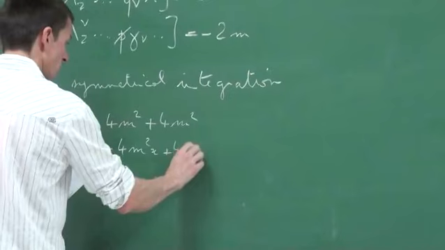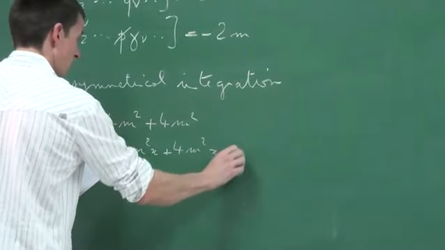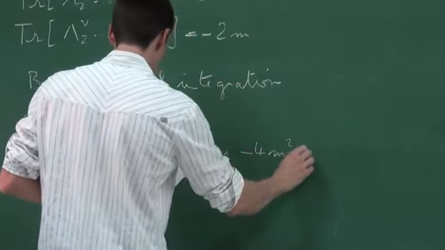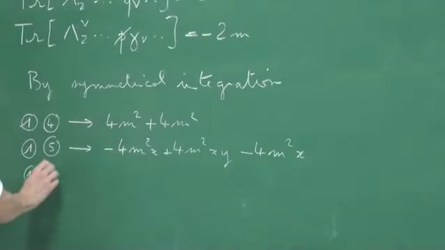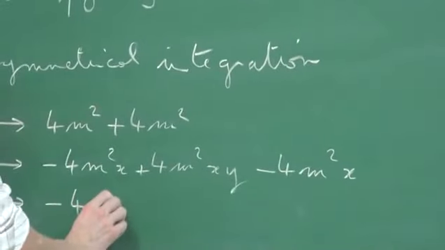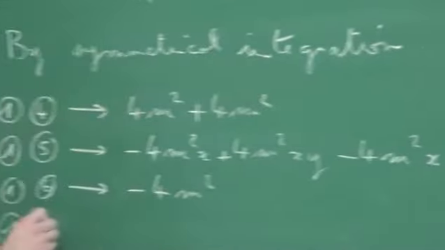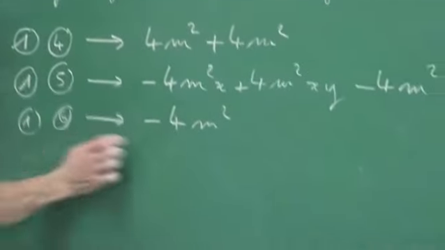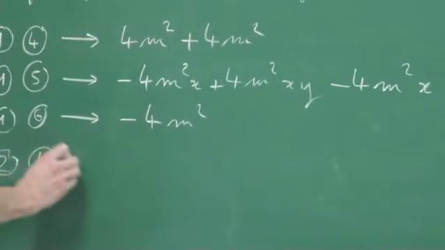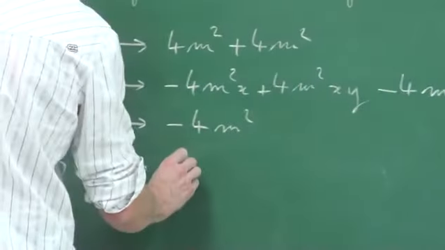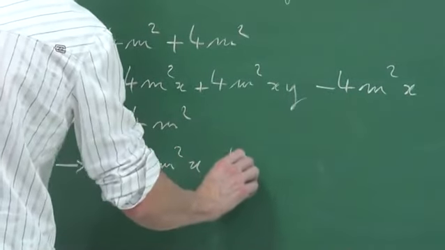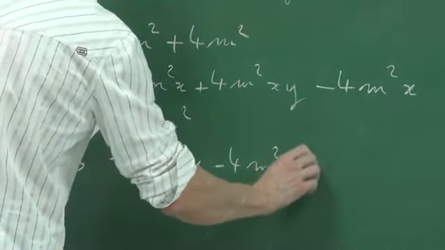Plus 4m squared xy minus 4m squared x. 1/6 is minus 4 squared. 1/7 does not exist. This is minus 4 squared x minus 4 squared this way.